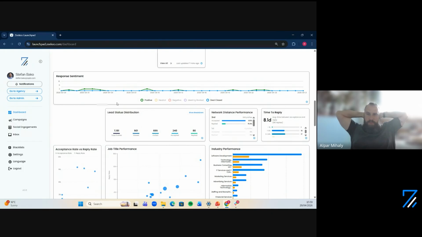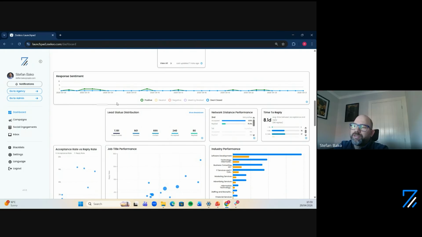Something we are not doing right, because at such a high rate of acceptance, in one we targeted 80%, in the other one 50, but mostly all the invites were accepted, and the replies are not coming in. So we need to work on the value proposition, on the message.